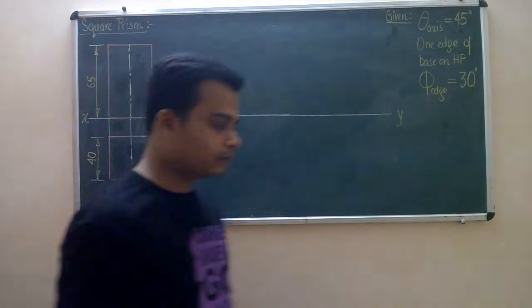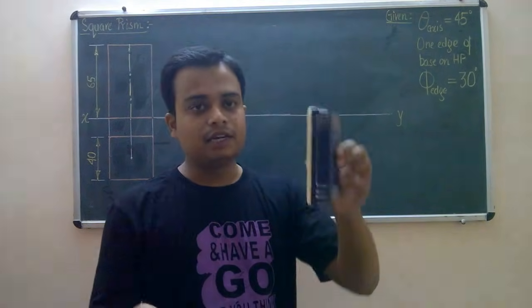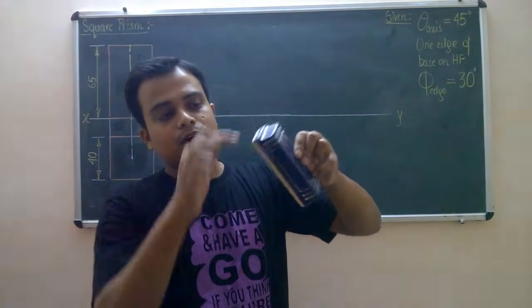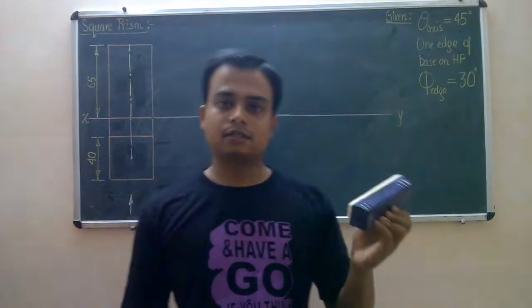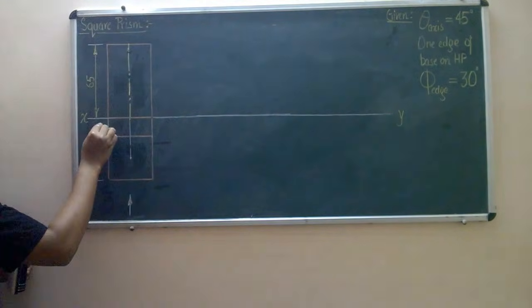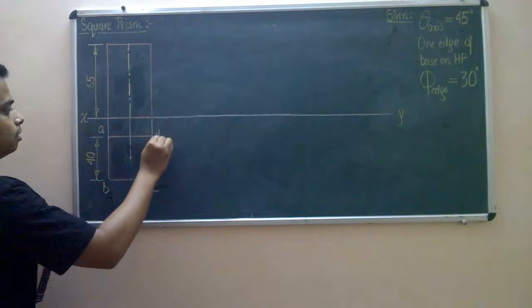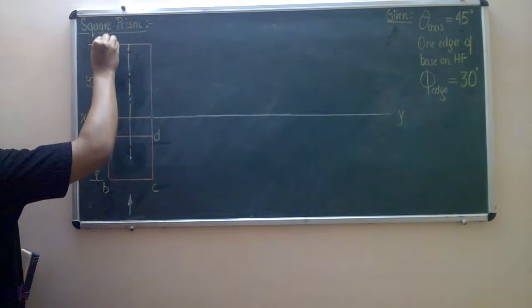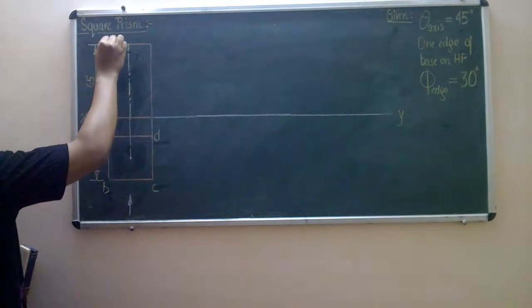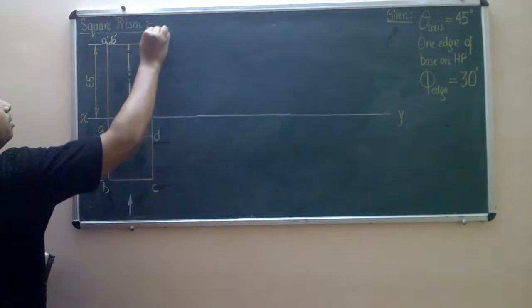Now we're going to name all the points. The top has four corners as well as the base has four corners. So let us name the top four corners as A, B, C, D. Their front view will be A dash, B dash, C dash, D dash.